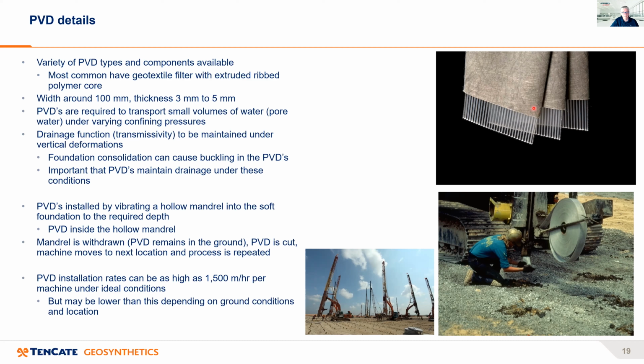These wick drains are only required to transport small volumes of water under varying confining pressures, and the drainage function really has to be maintained under vertical deformations, embankment settlements and things like this. That's why the core structure of the wick drain is quite important, so that even if the wick drain bends and there's some buckling occurring, the pore water can still make it out through the wick drain.